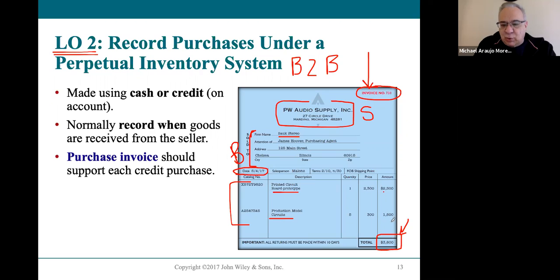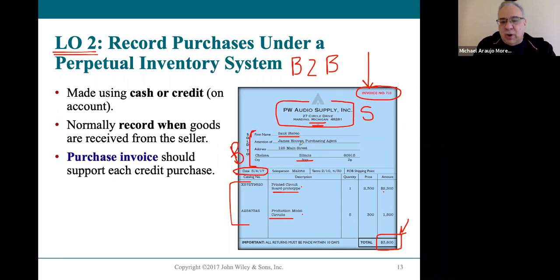Couple of things too. When Sock Stereo buys this, PW Audio is all the way in Michigan. Sock Stereo is in Illinois. The fact that they actually had an invoice means that this inventory, this circuit and circuit boards, are going to be sent in a box in the mail or through a carrier like UPS or FedEx or DHL from Michigan to Illinois.